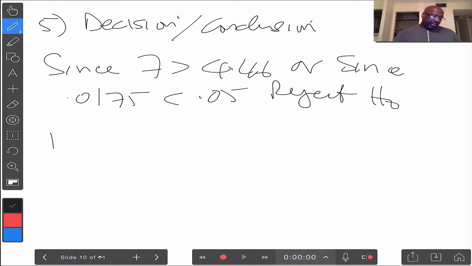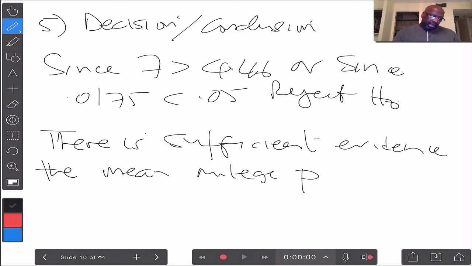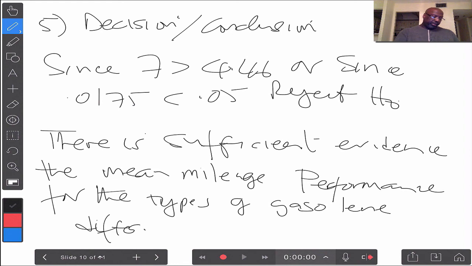We conclude there is sufficient evidence that the mean mileage performance for the types of gasoline differs.